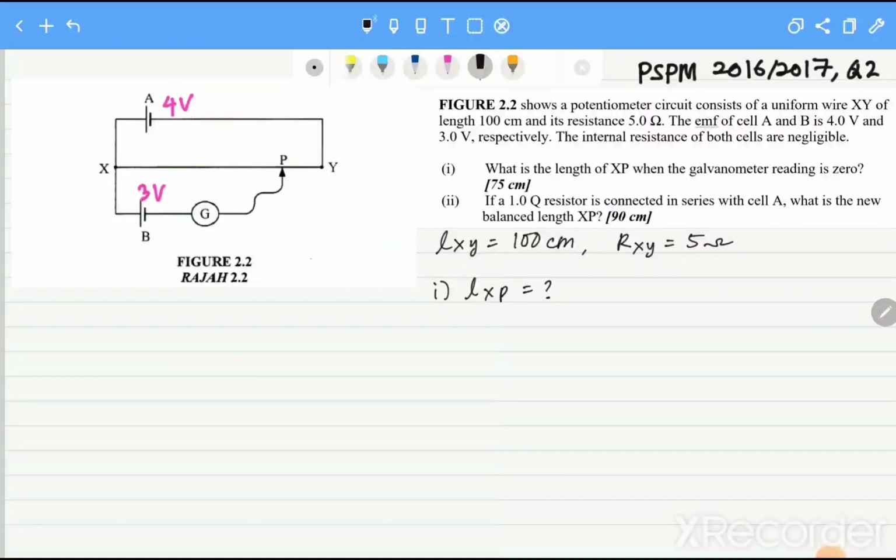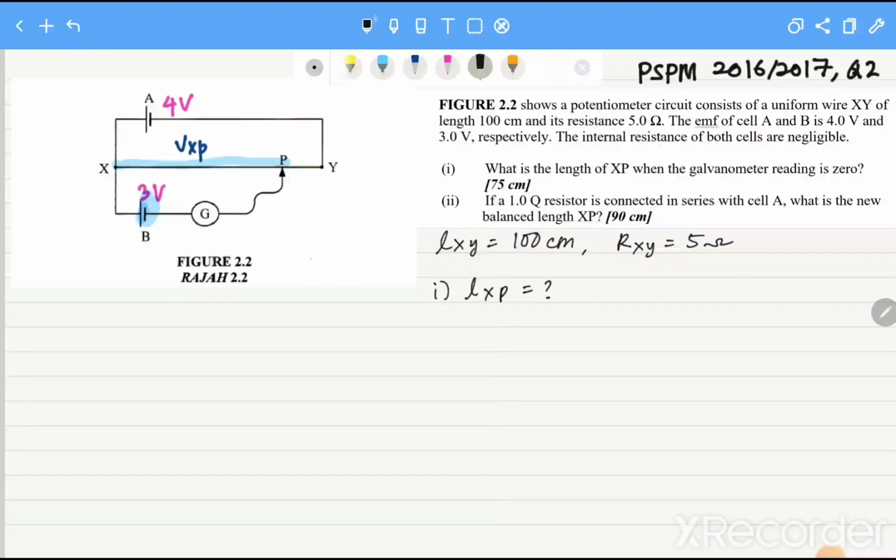A very important concept: the galvanometer reading is 0 because VXP and EMF of cell B are balanced.